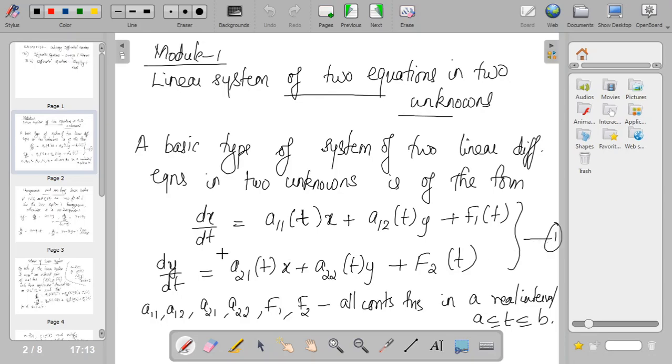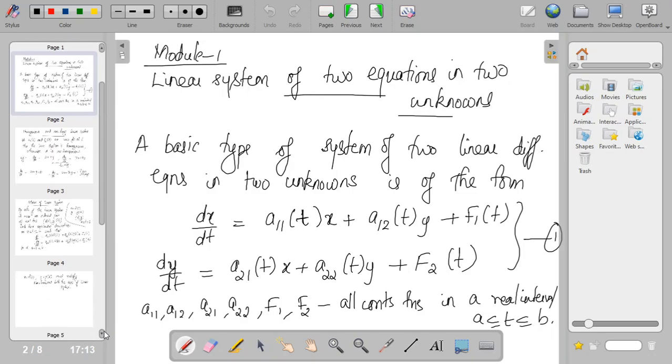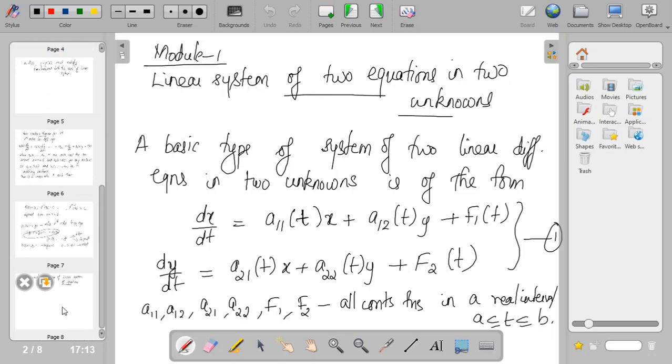So you have the equation dx by dt equal to a11 x plus a12 y plus f1 of t, then dy by dt equal to a21 x plus a22 y plus f2 of t. So let us consider a linear system of equations of this form.